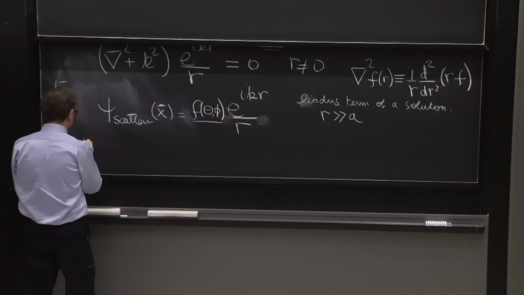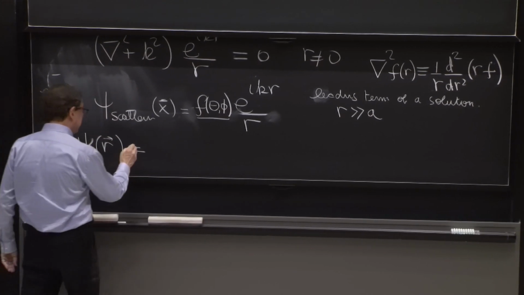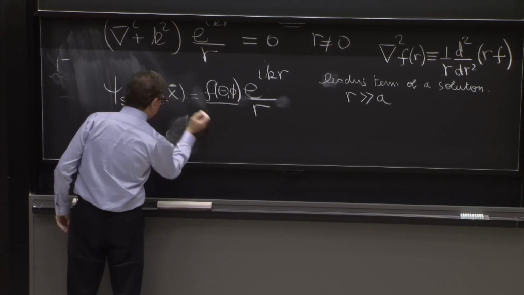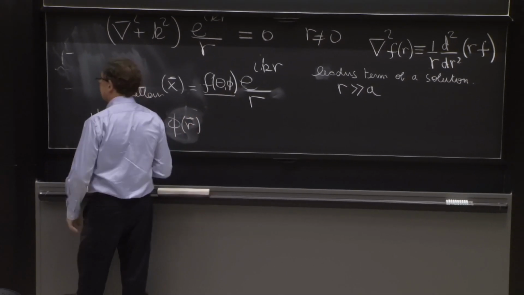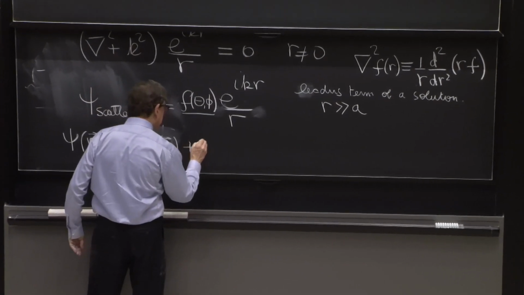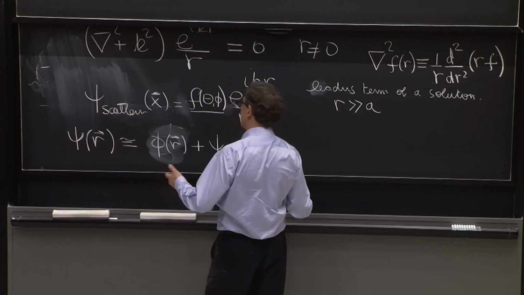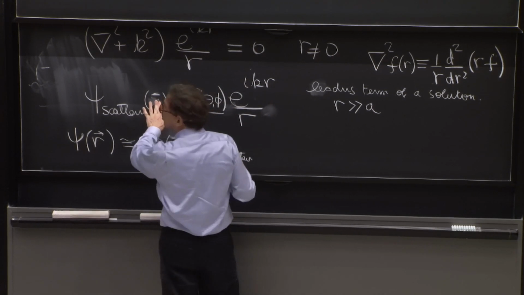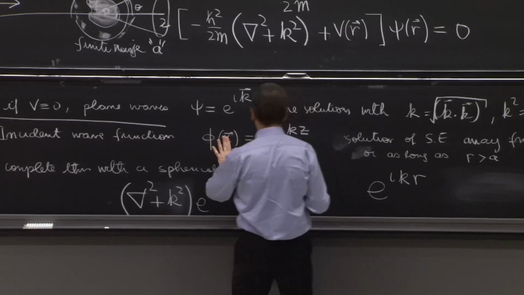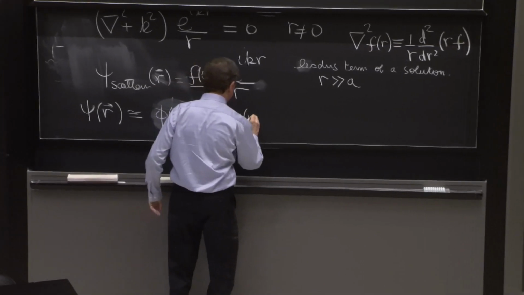So your full energy eigenstate, psi of r, is approximately equal to e to the ikz, that incident wave we wrote, I wrote it x there, I'm sorry, plus psi scattering of r.